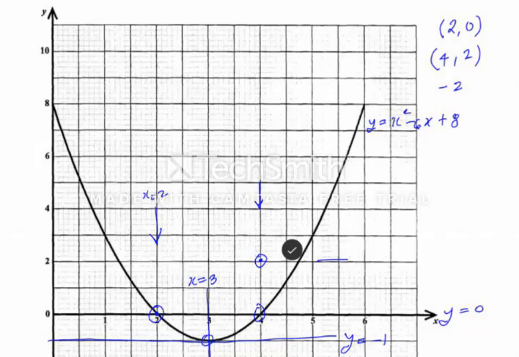And the final point, which we really didn't need, would be the y-intercept. The y-intercept is minus 2, and essentially that means that the graph must cut the y-axis at minus 2.